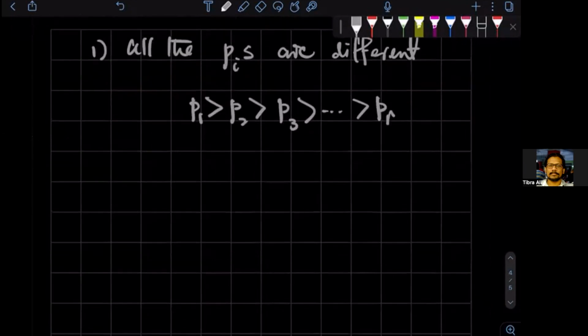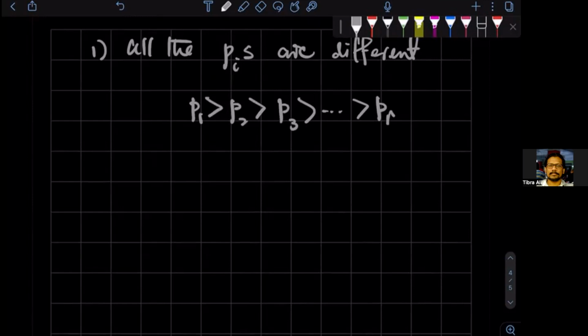So then, what is the number of possible subsets? Okay, here we are just talking about the subsets. We don't care about how those elements are chosen. We are not counting the elements of the group.